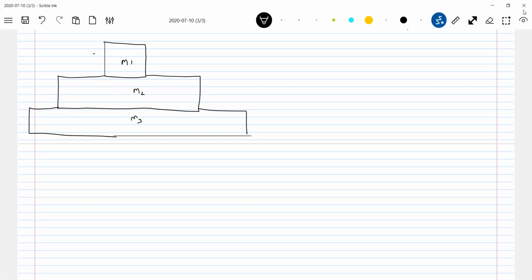So I applied a force here. I don't know the values, so M1 I'll write 2 kg, M2 3 kg, M3 4 kg. Let mu be 0.1. I applied 4 Newton force.